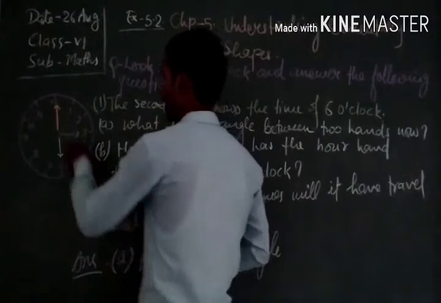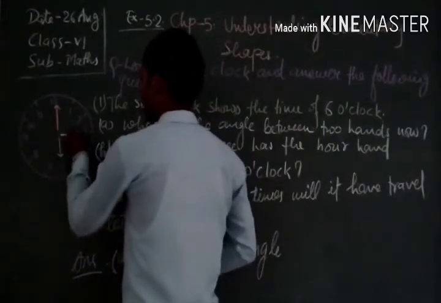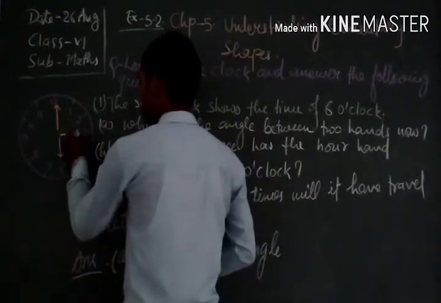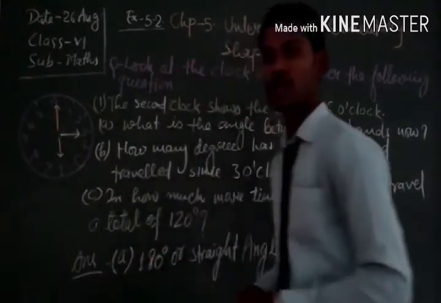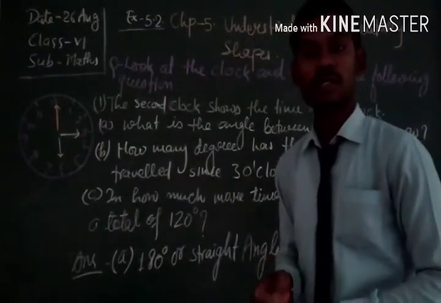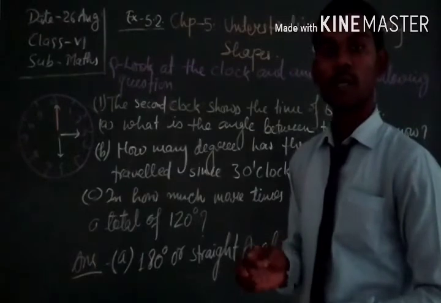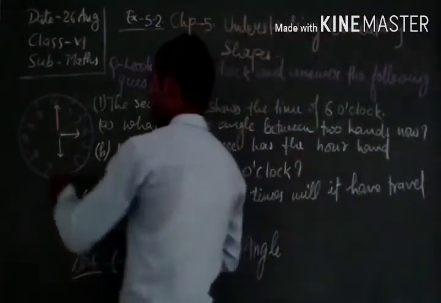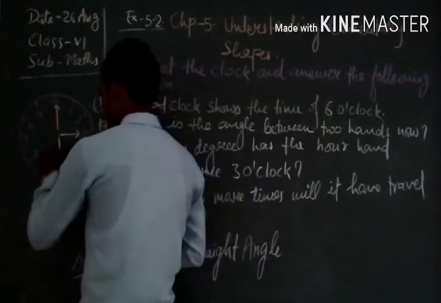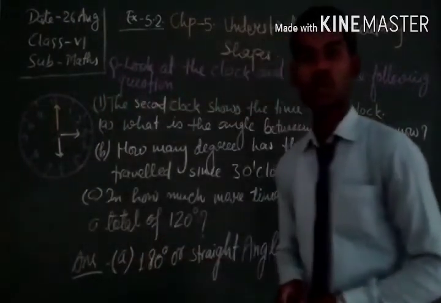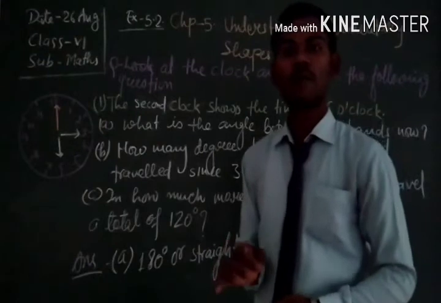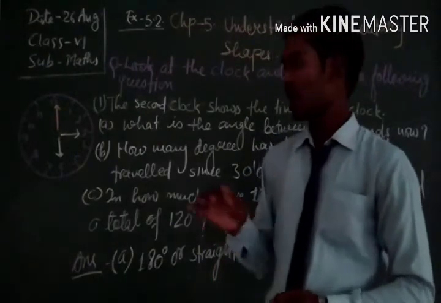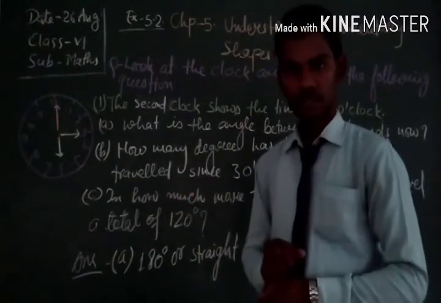So just suppose that in the first case the time was 3 o'clock, which means the hour hand was at the point 3. And now the time is 6 o'clock, that means the hour hand is at the point 6.